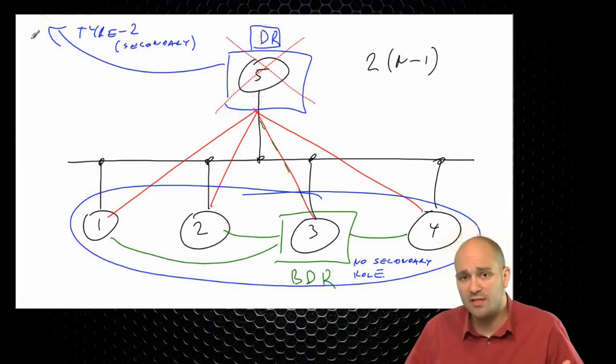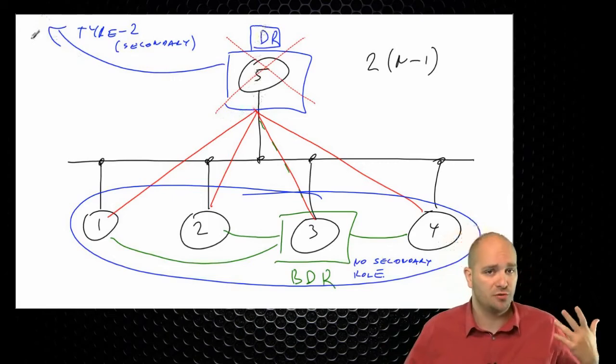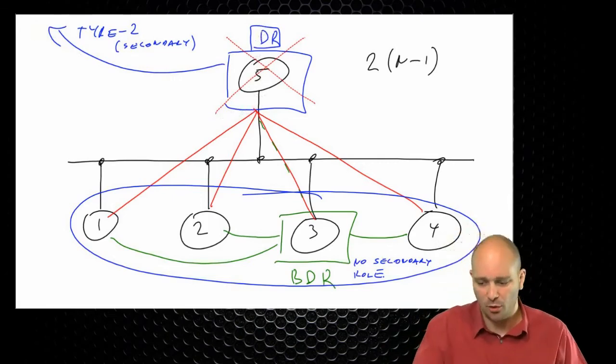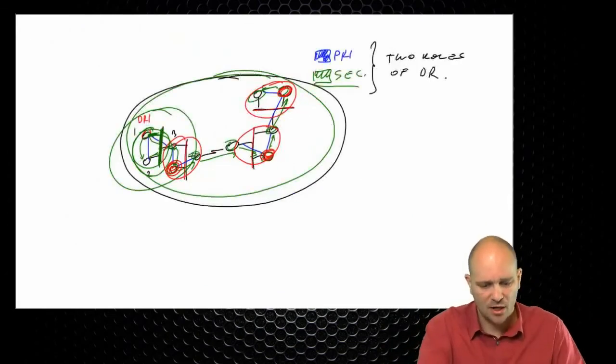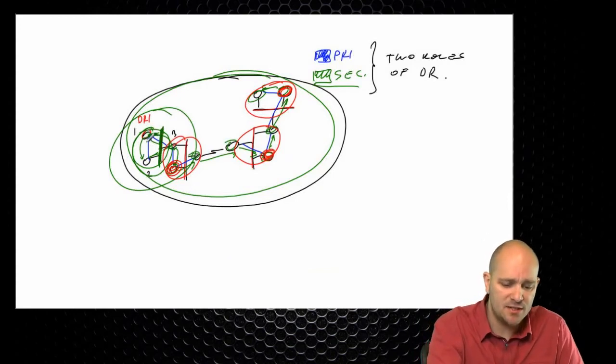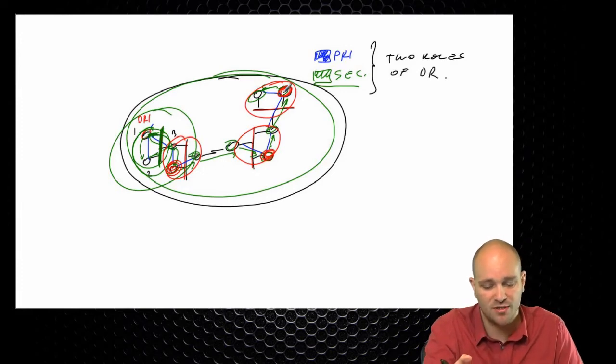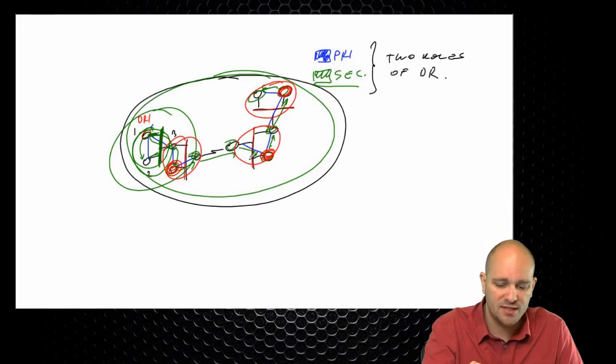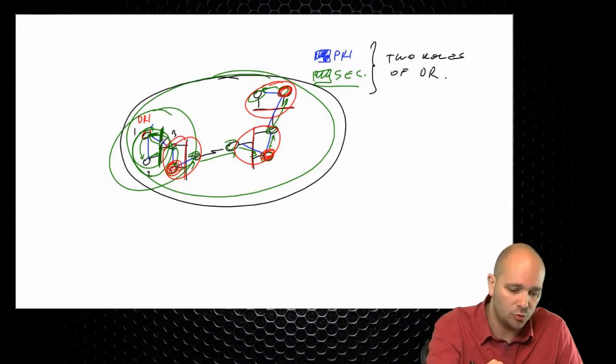There is, in most cases, no actual loss of traffic, because if we take a look at this arrangement here, let's say that this router here was the DR, and this router disappeared from the network. Now, let's say that this router was the backup designated router. Was this designated router actually connected to the rest of the network? The answer is no. So these other routers still know, technically speaking, how to reach this network through this router R3.